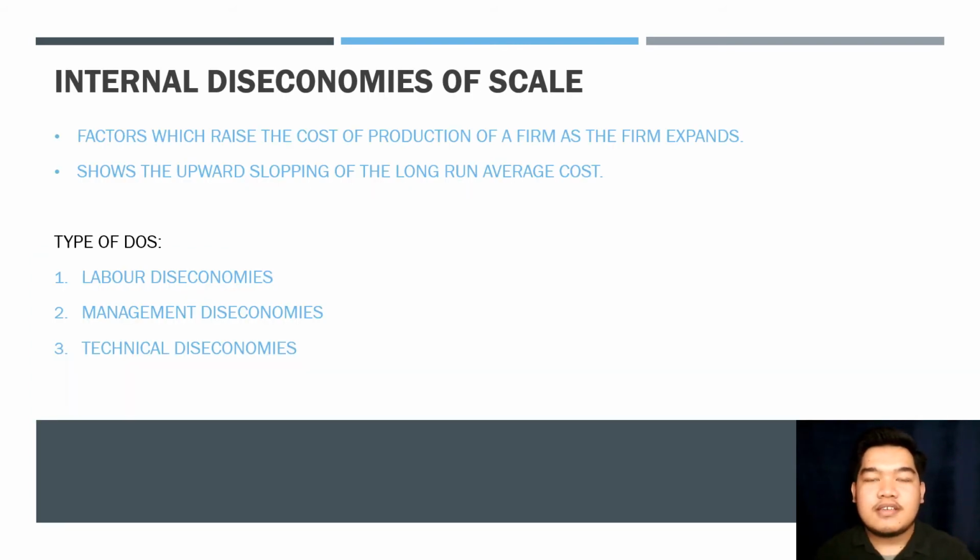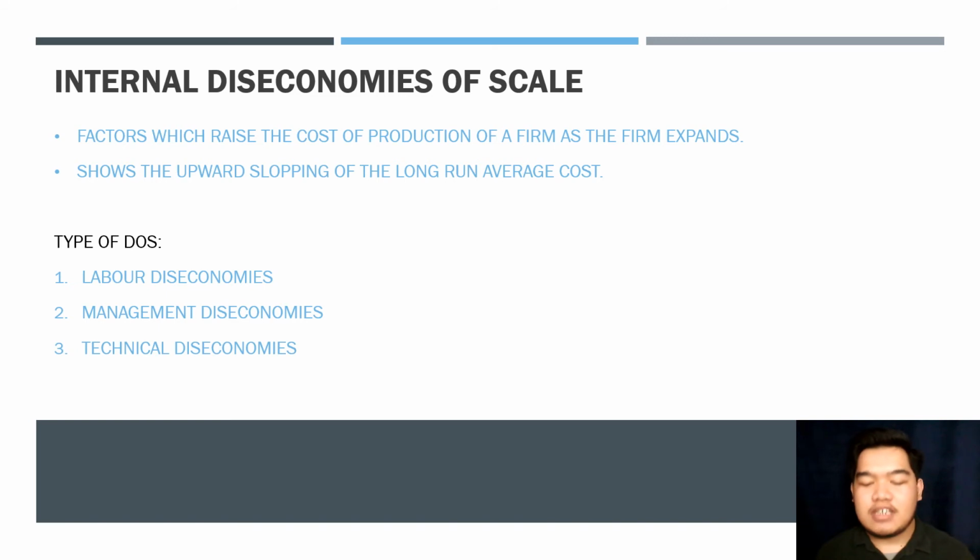Internal diseconomies of scale are the factors which raise the cost of production of a firm as the firm expands and show the upward sloping of the long-run average cost. There are a few of these that I choose: number one is labor diseconomies, management diseconomies, and technical diseconomies.